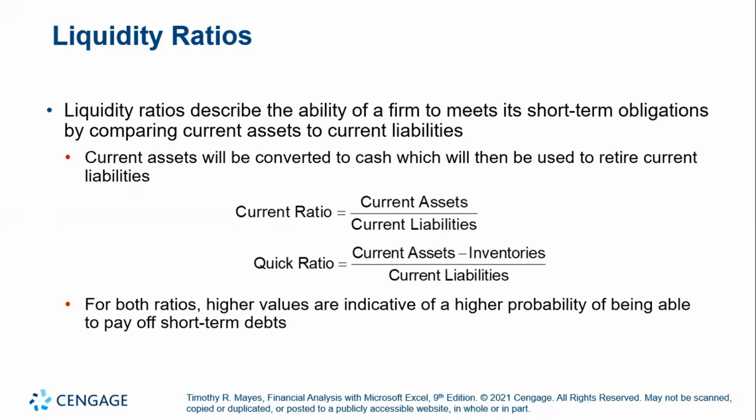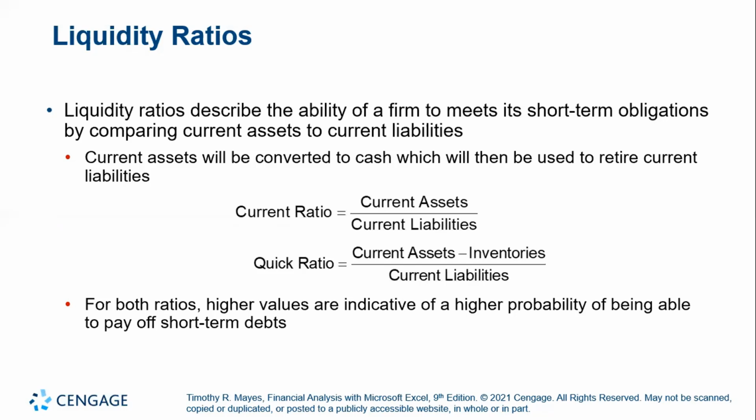Liquidity ratios describe the ability of a firm to meet its short-term obligations by comparing current assets to current liabilities. Current assets will be converted to cash, which will then be used to retire current liabilities.